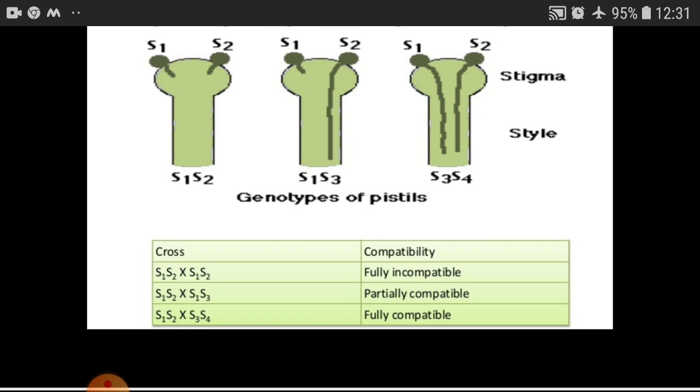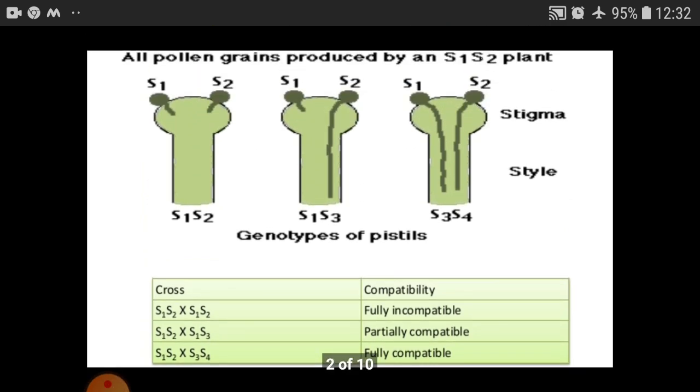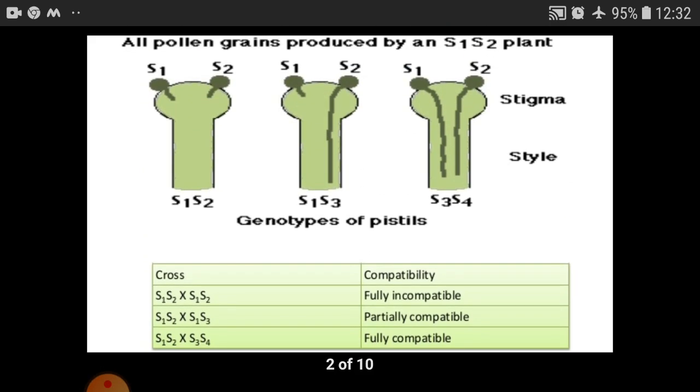Then it can be inhibition of pollen tube growth in the style, or failure of pollen tube to enter into the ovary or ovule, or it can be the failure of fusion of the male and the female gamete, or last but not the least, abortion of embryo following syngamy or development of embryo endosperm incompatibility. So you get this thing that this incompatibility can be at any stage, from landing on the stigma up to the formation of the zygote and the endosperm.